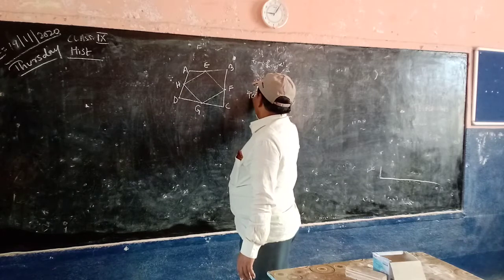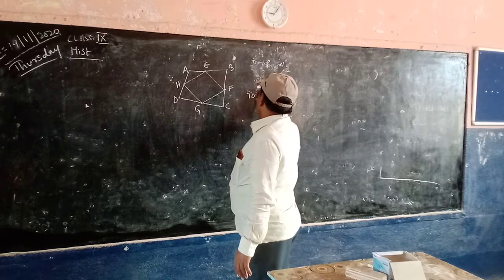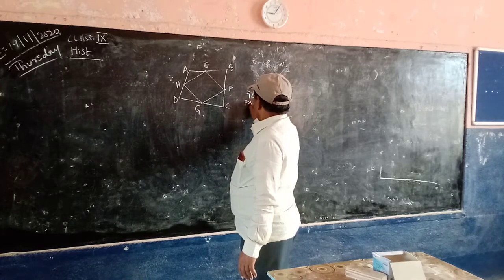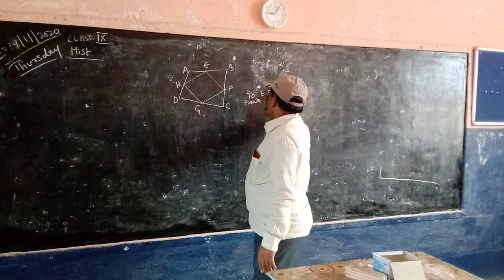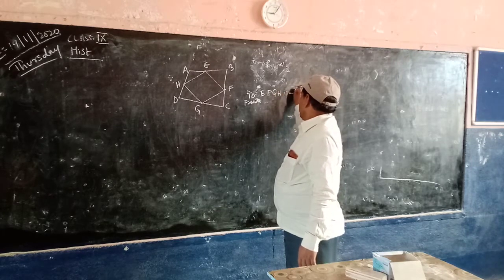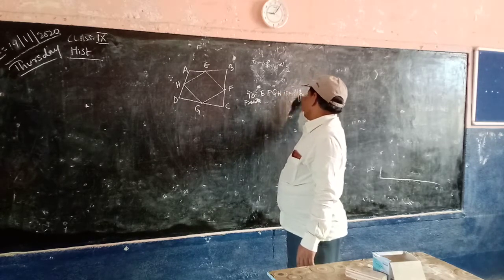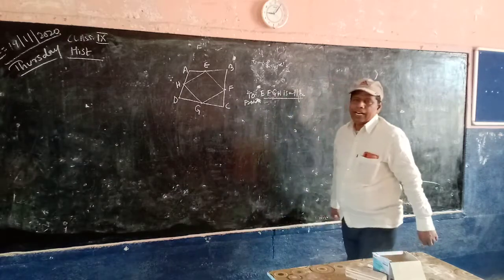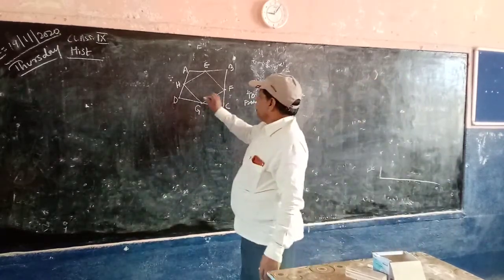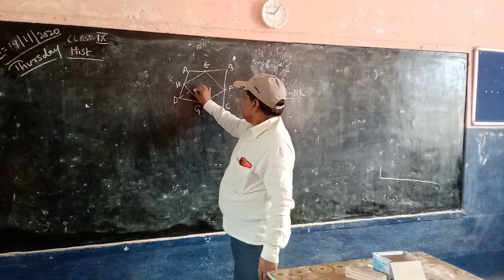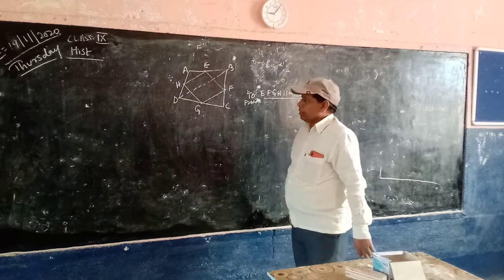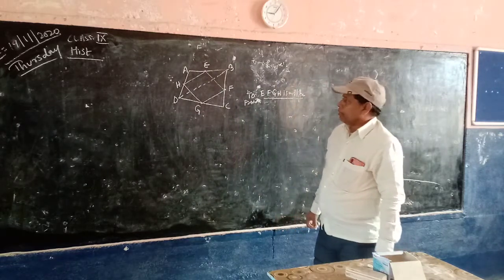Here to prove EFGH is a parallelogram. First, consider join B to D.